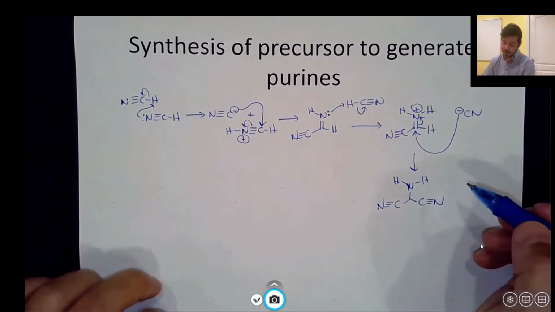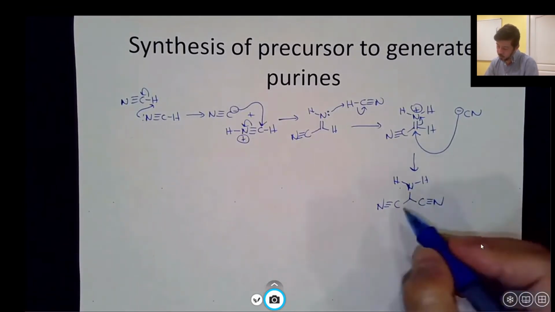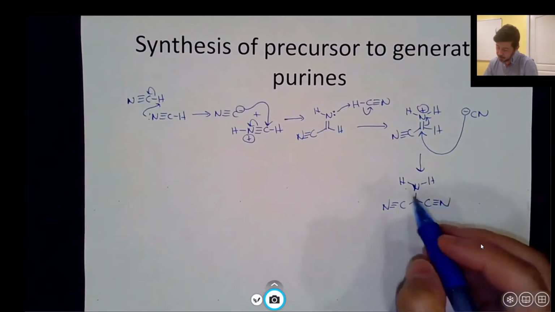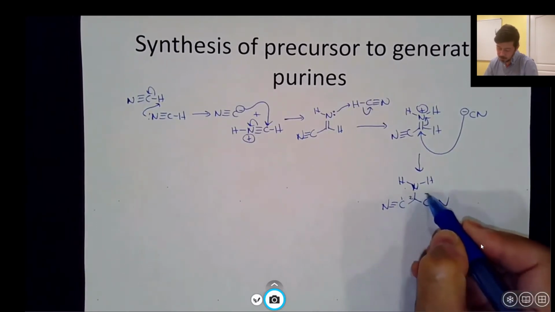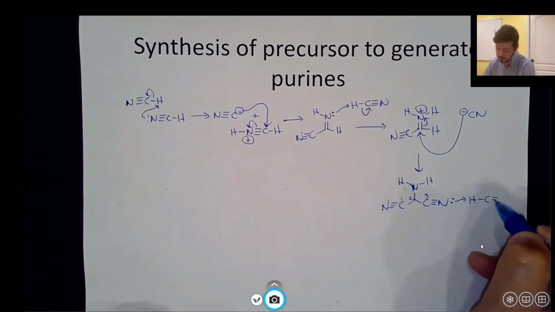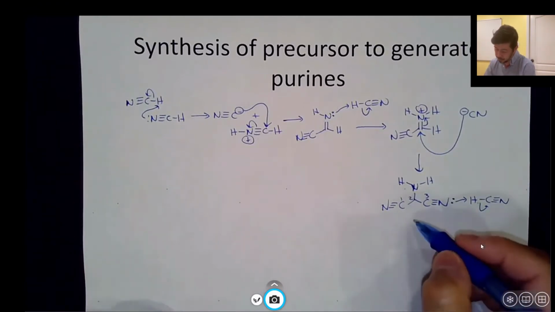Okay, so we have this molecule here that has now one carbon, two carbon, three carbon species, 1, 2, 3, so we're kind of building one carbon at a time. So we're going to do the same thing again, pick up another proton from hydrogen cyanide.